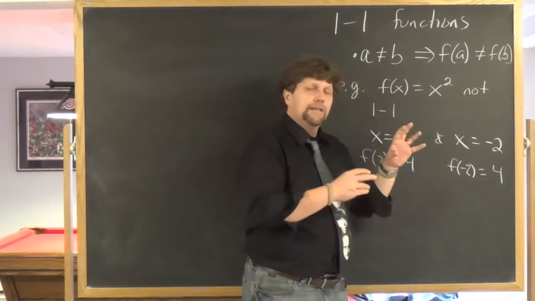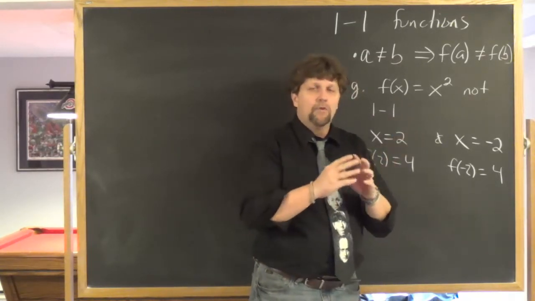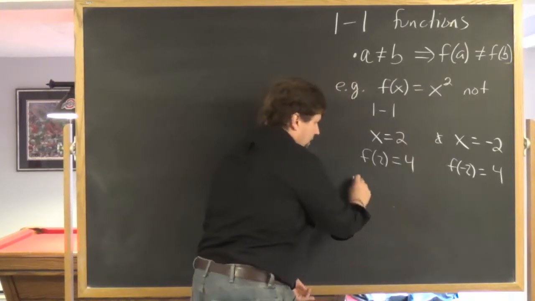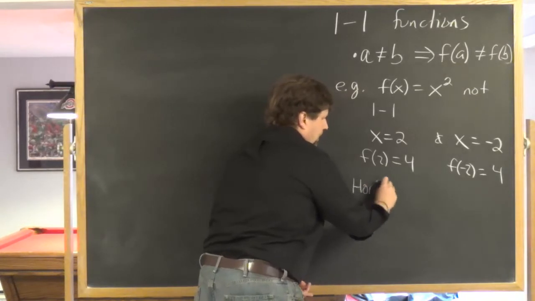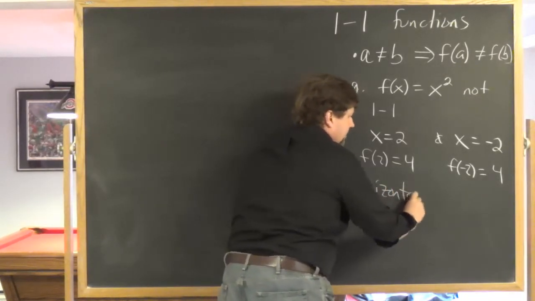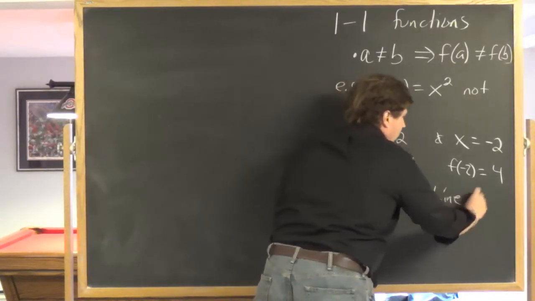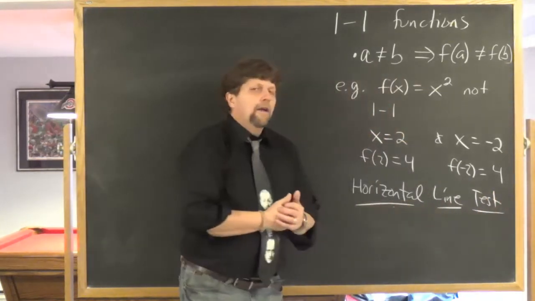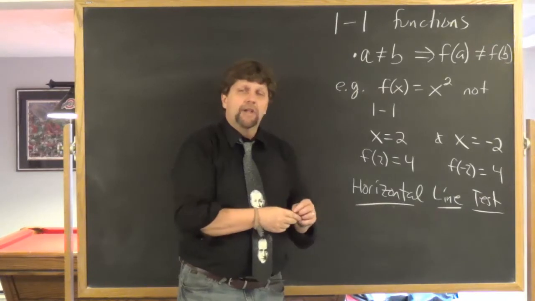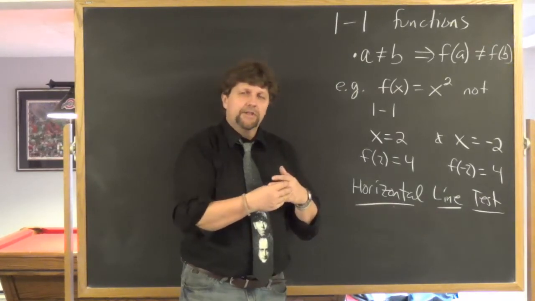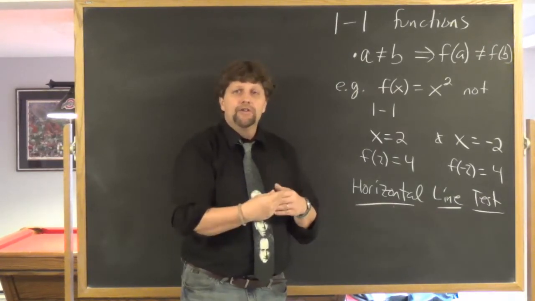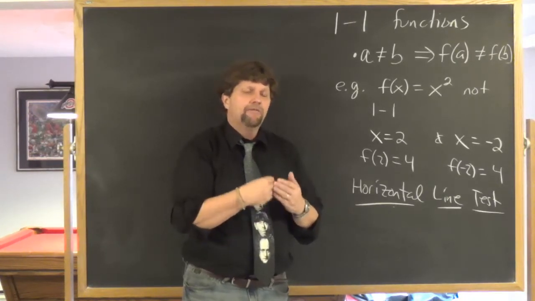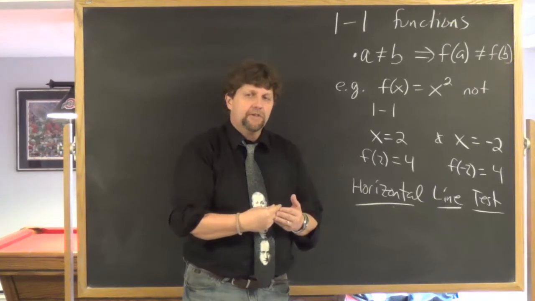Another way to visualize this one-to-one function, and what this is really trying to say, is something called the horizontal line test. Think back to our vertical line test. Remember the vertical line test told us if we had a function. The horizontal line test is going to tell us if our function is a one-to-one function.